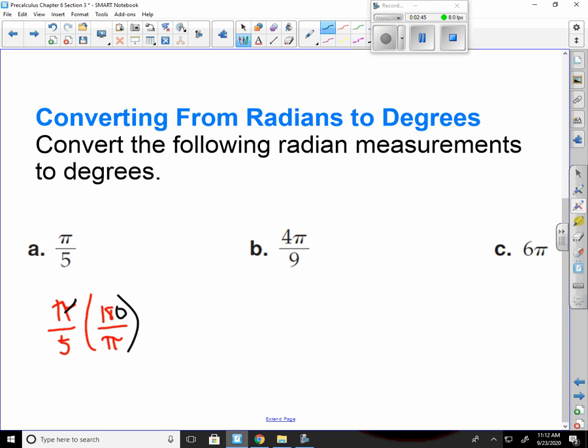Now you'll see what that does there. My pi's cancel out. I'm left with 180 over 5, which is going to give me 36 degrees. Yeah, I'm smart, I know.